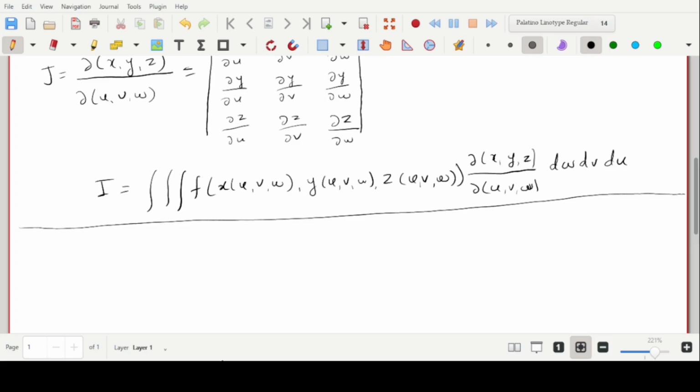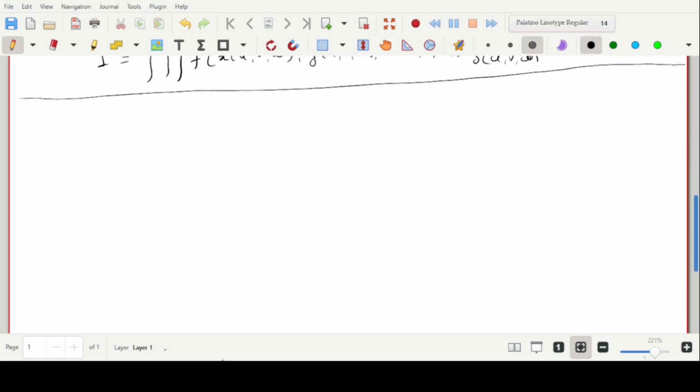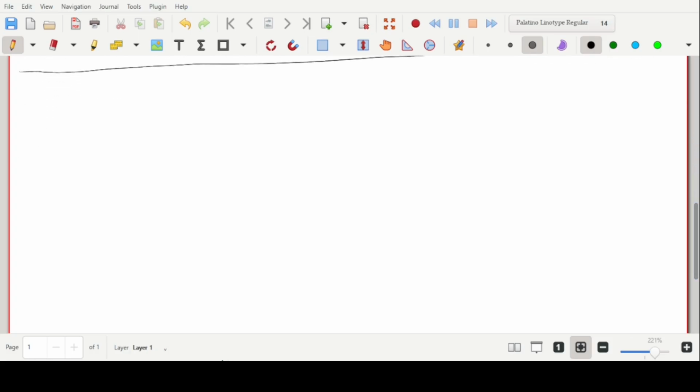And now there is something called the cylindrical and spherical coordinates in 3 dimensions. In the same way as we can express a point x comma y in the plane as r comma theta, we can express a point x comma y comma z in 3-dimensional space using three different parameters, which we shall call r comma theta comma phi.